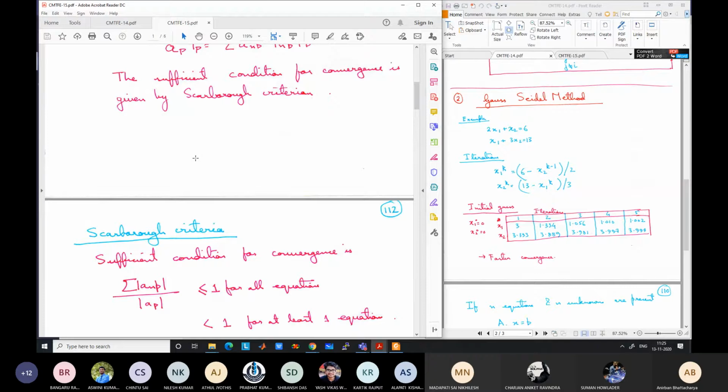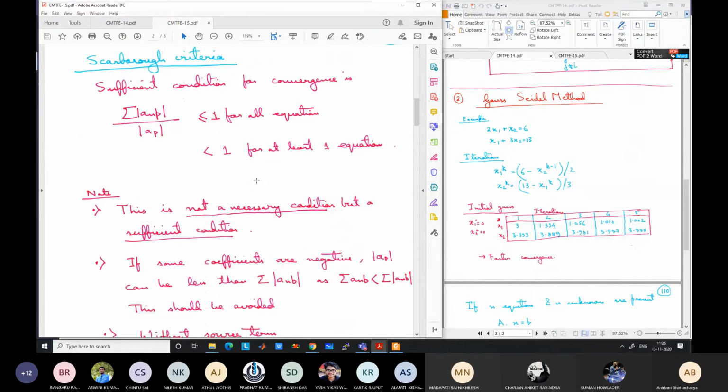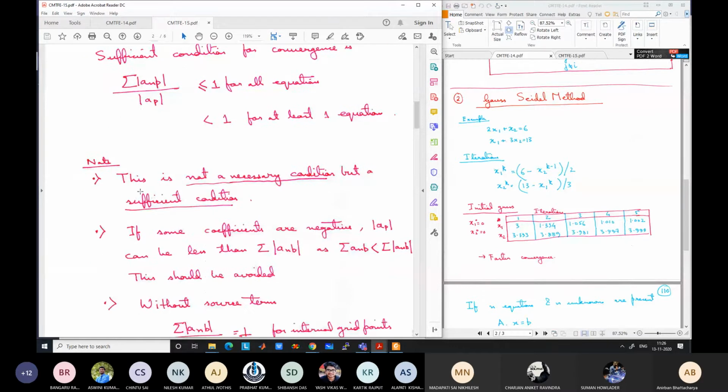So that is the criteria, and that is what I have just discussed. I have written here. This is not a necessary condition, but a sufficient condition. We will discuss it even further.